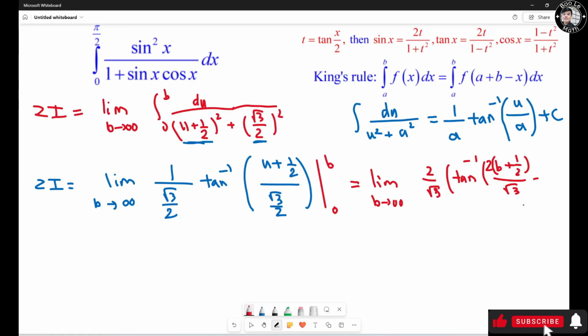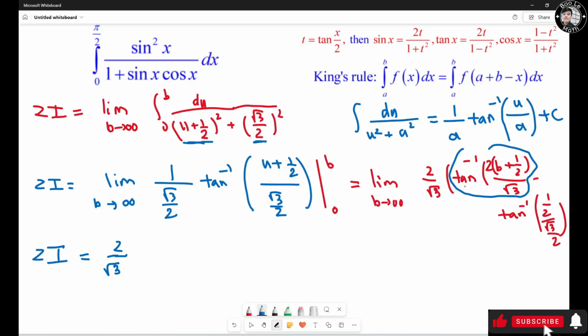Subtract tangent inverse of 1/2 over root 3 over 2. Now this becomes 2I equals 2 over root 3 times the limit of the first one. When b approaches infinity, tangent inverse of this approaches tangent inverse of infinity, which is pi over 2.